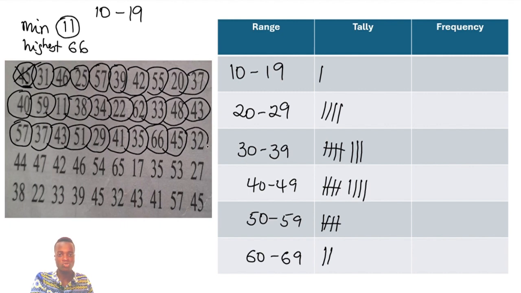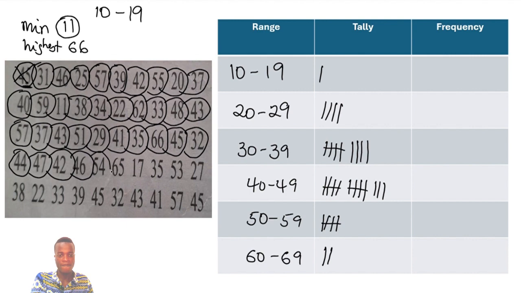Then 32 will be here. 44, what will happen to 44? 44 will fall here because we have another 4, so you need to strike with the bundle again. And then 47 is the next one, so we begin a new bundle. 42 is still there, the 40s are coming up. Then 46 to be here.